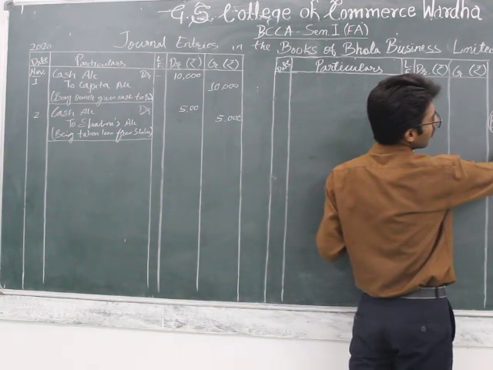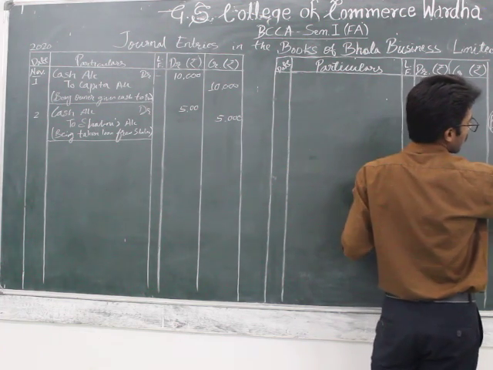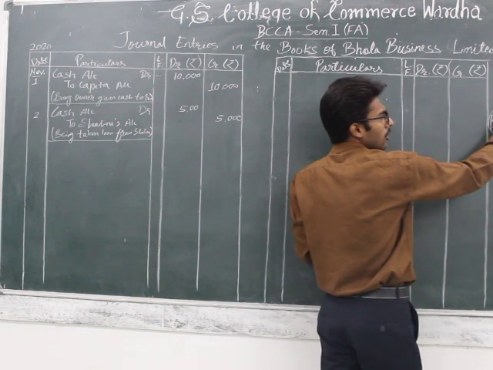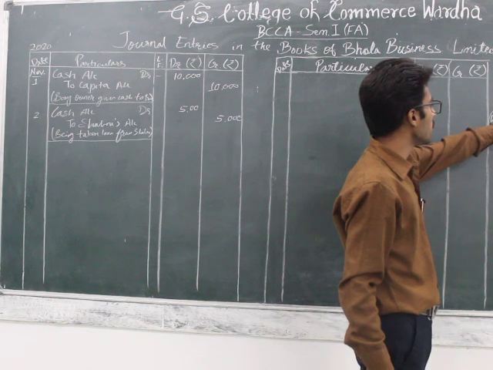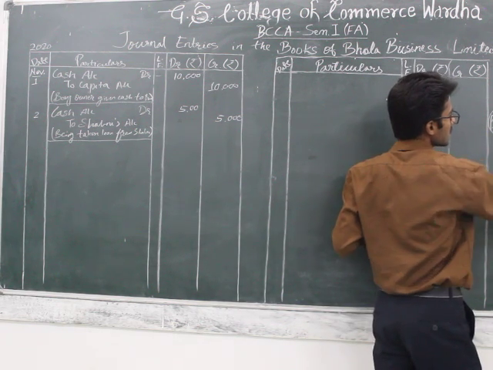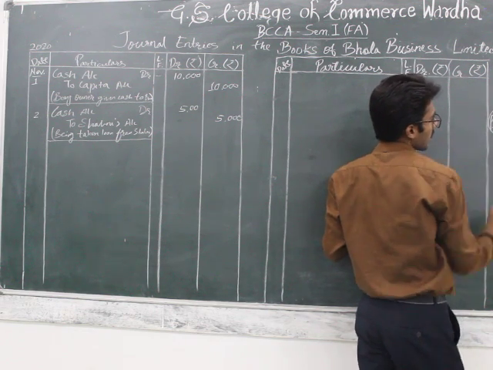So instead of the landlord account, we will take the prepaid rent account, and the same treatment will be given to the prepaid rent account as the landlord had. The landlord will be debited, so prepaid rent also will be debited.